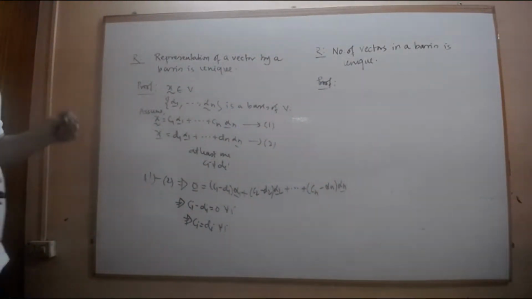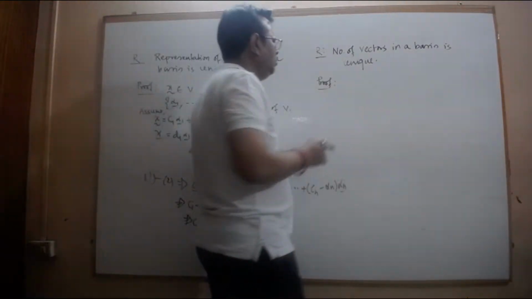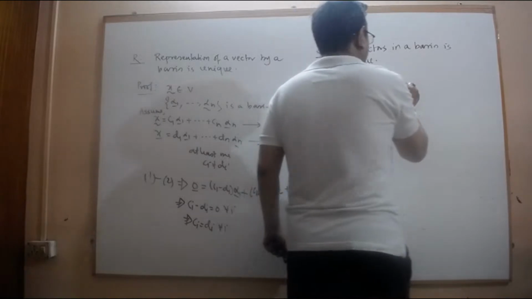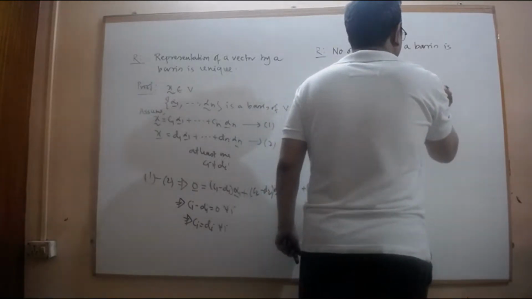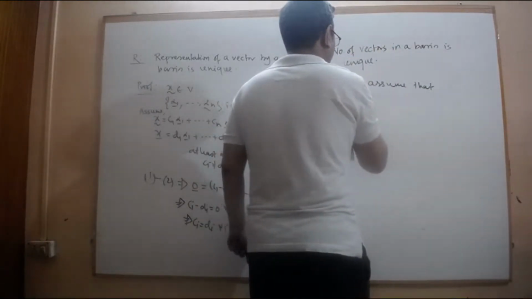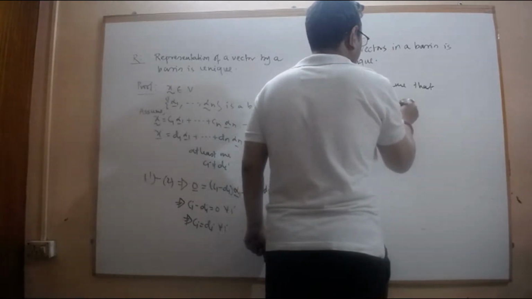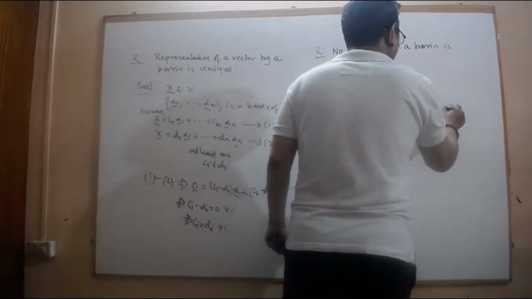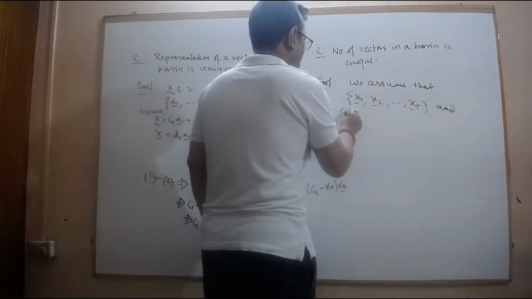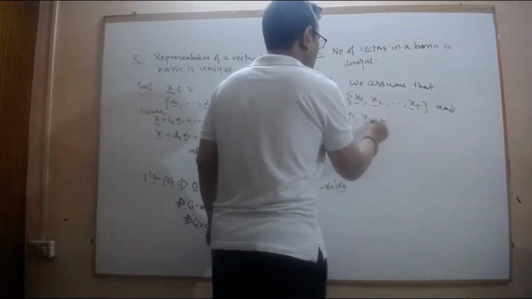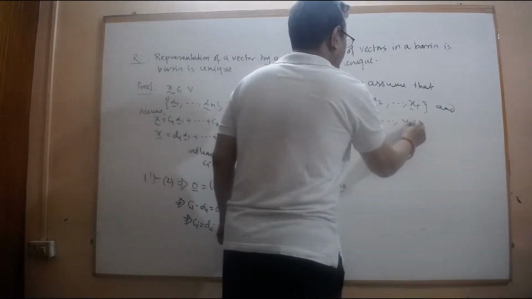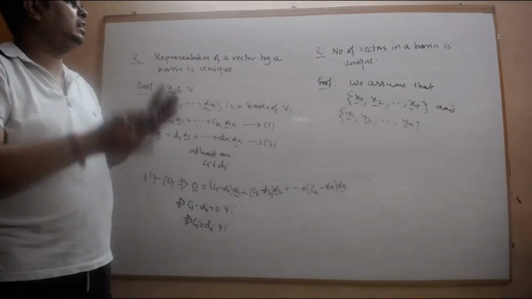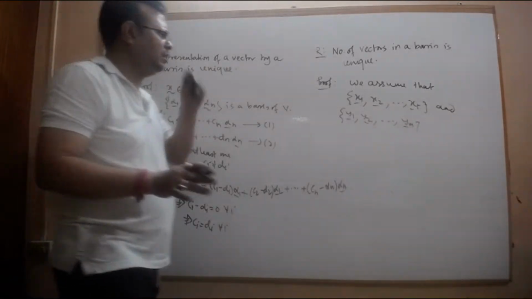We have already seen that the basis is not unique. So we assume x1, x2, to xt, and y1, y2, to yn. These are two bases, and assume that the number of vectors in a basis is not unique.